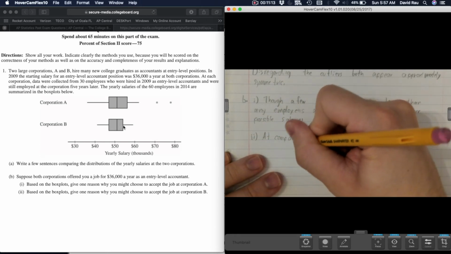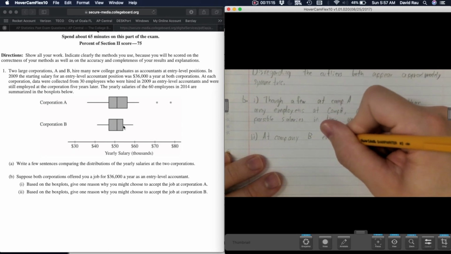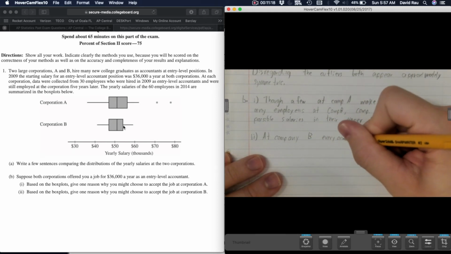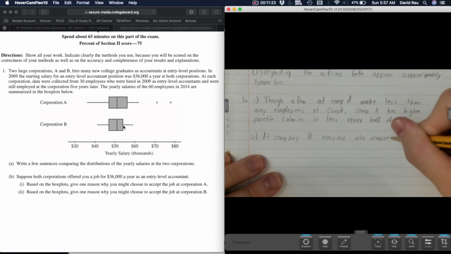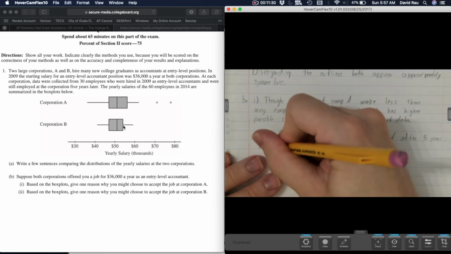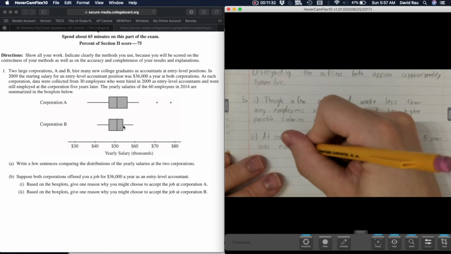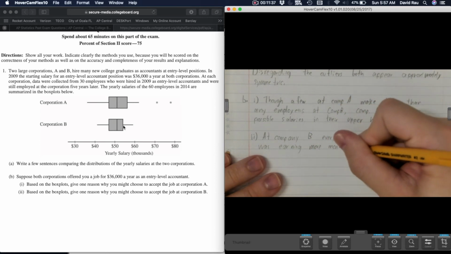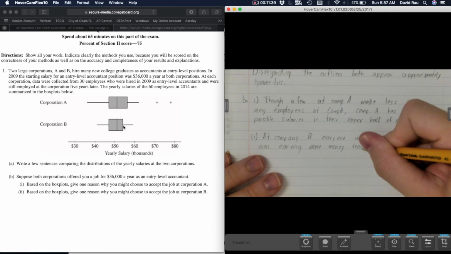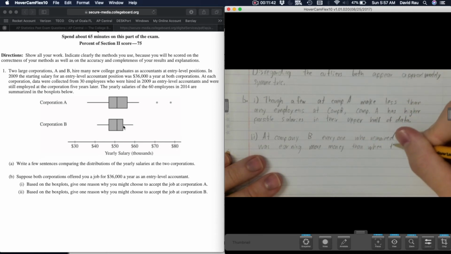At Company B, everyone who remained after 5 years was earning more money than when they started. So that's big.